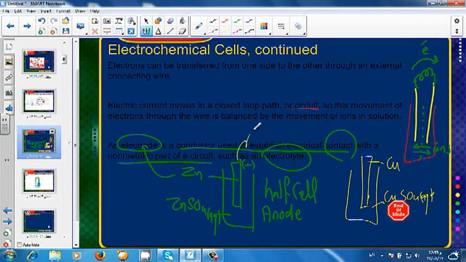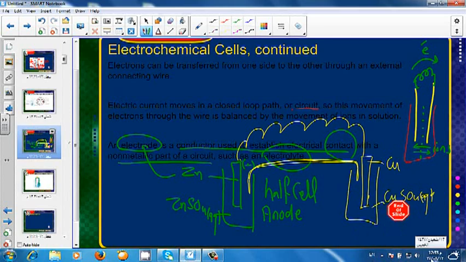When I connect them with a wire, at the same time I have to provide a path to connect between them as well, because here I drew it in a separate way. Electrons are gained by the copper, so reduction took place here, and I can represent this half cell as the reduction half cell, the half cell through which reduction occurs, or gaining of electrons occurs.